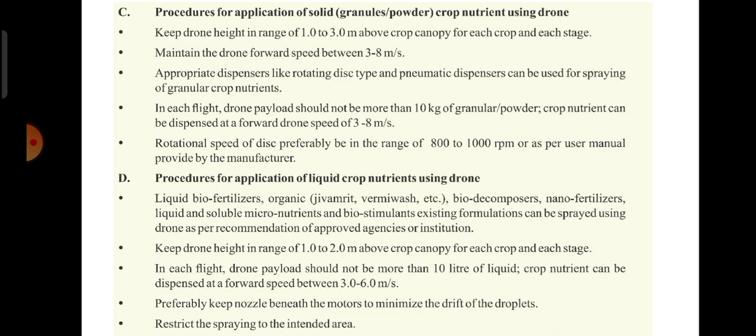In each flight, the drone payload should not be more than 10 liters for liquid. Crop nutrients can be dispensed at a forward speed of 3 to 6 meters per second. Preferably keep the nozzle beneath the motors to minimize the drift of the droplets. Restrict the spraying to the intended area.